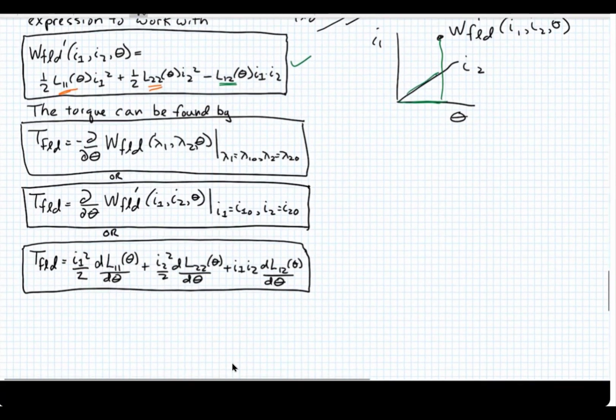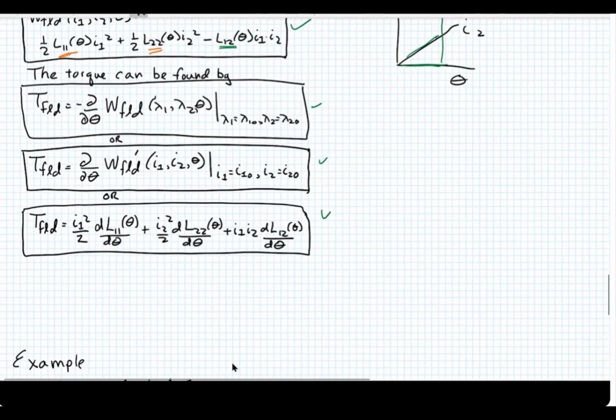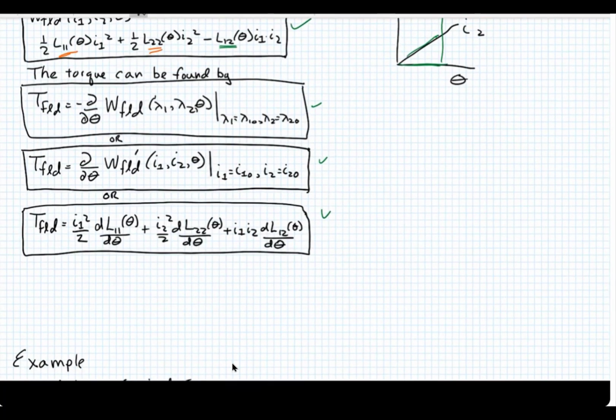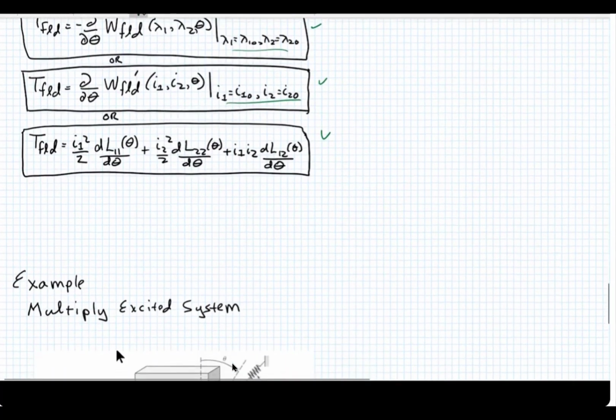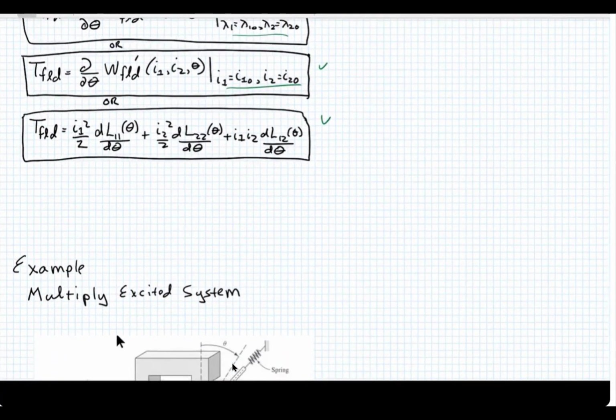And now we could simply find the torque in three different ways, just like we did before. The partial derivative of the energy evaluated at specific flux points, the partial derivative of co-energy evaluated at specific currents, or this expression here.